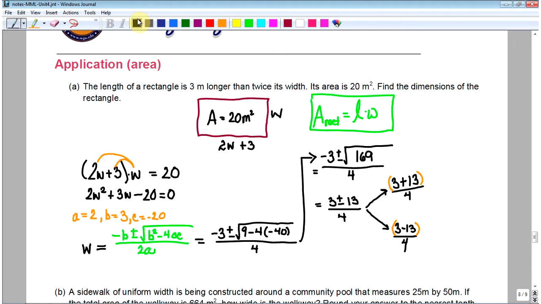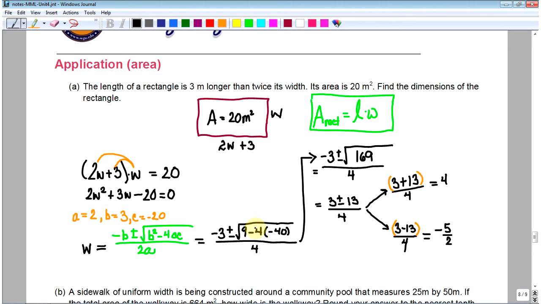Okay, so in the top we end up with 10 divided by 4, which is 5 over 2. The bottom we have a negative 16 over 4, which simplifies to negative 4.